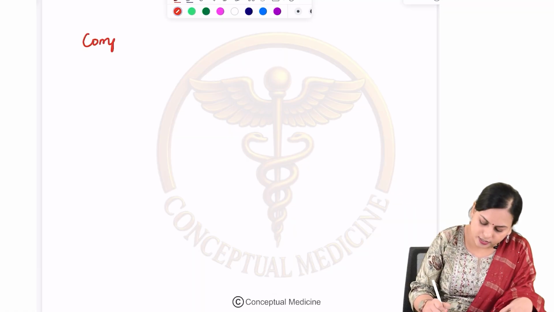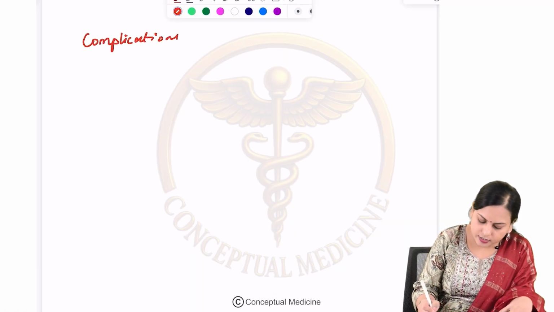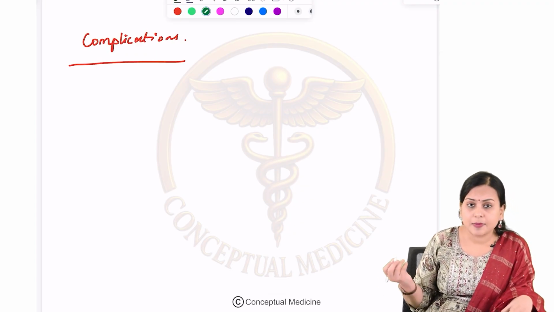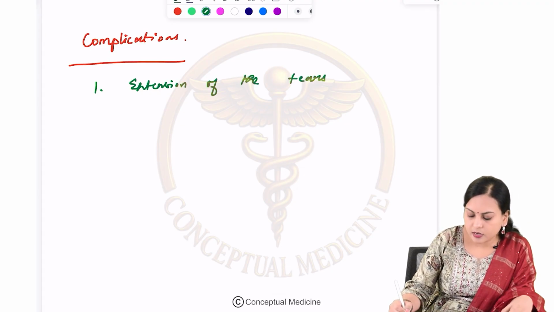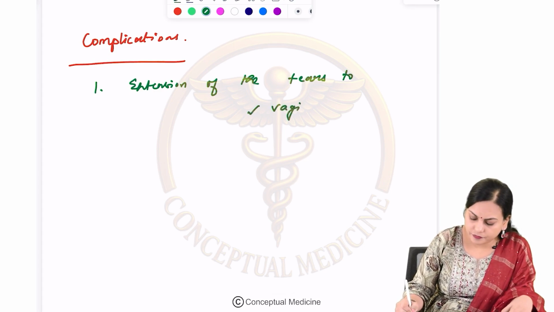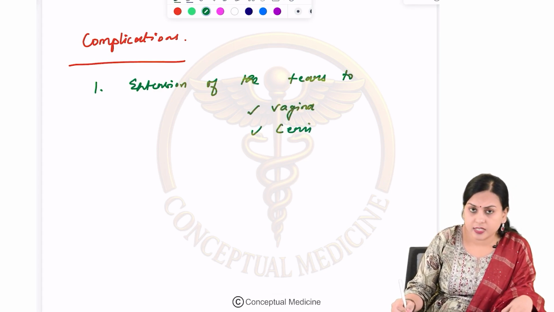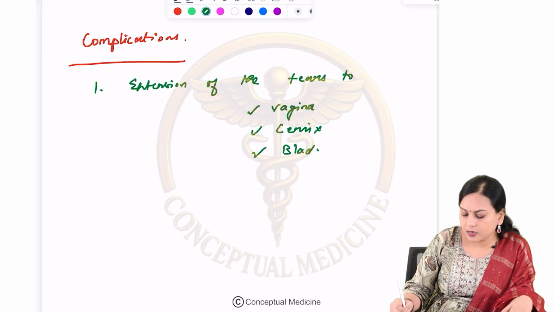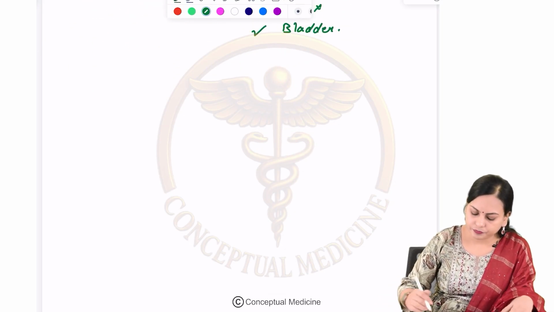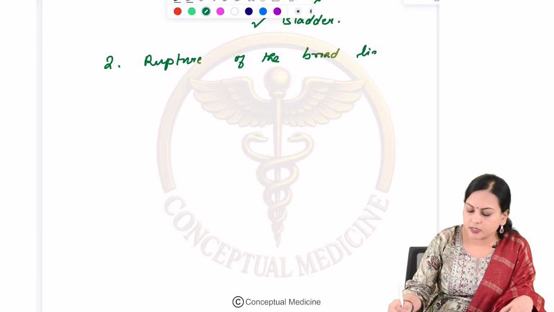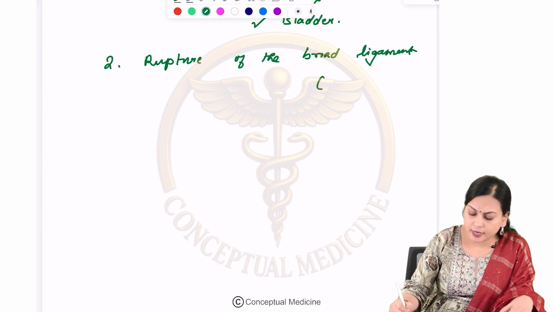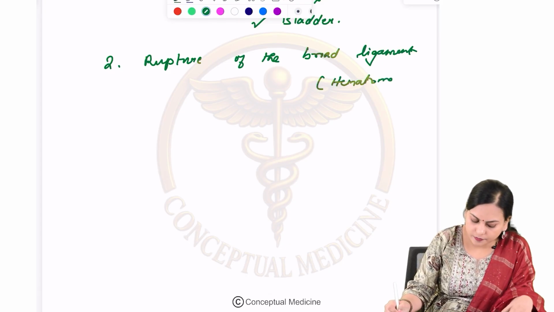Right. Now we will see what are the complications of rupture uterus. So complications of rupture uterus may include extension of the tear. Okay. So extension of the tears to vagina or cervix or sometimes even the bladder. Okay. And there can be rupture of the broad ligaments, that is, they will form a broad ligament hematoma.